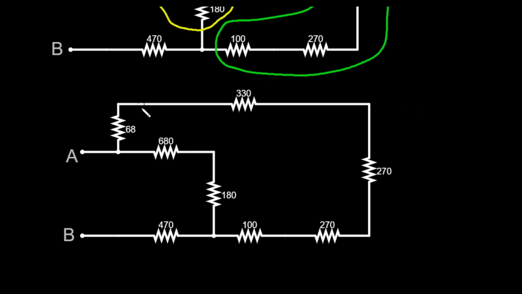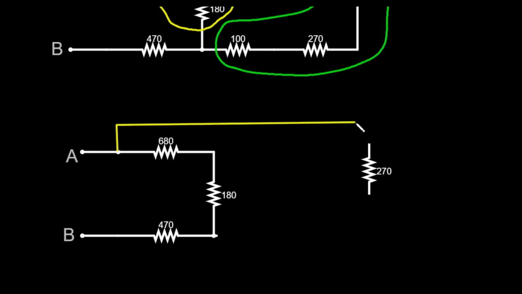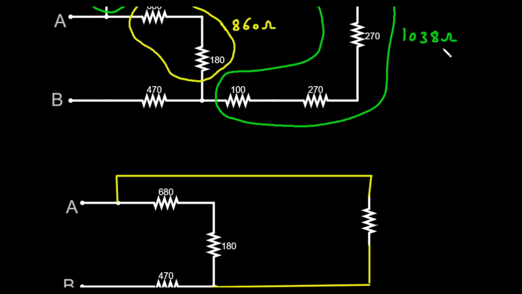So here we will replace these resistances with a single resistance. So let's erase this. Now we can make a single resistance from here to here like this. And this value will be 1038 ohm.